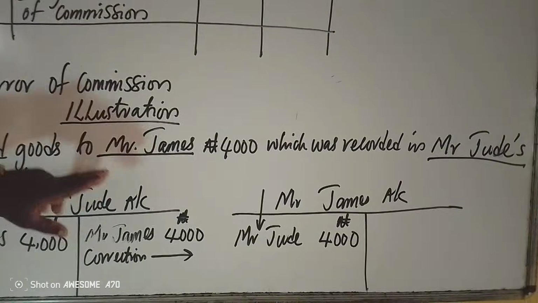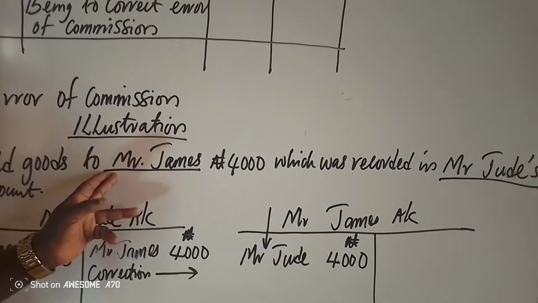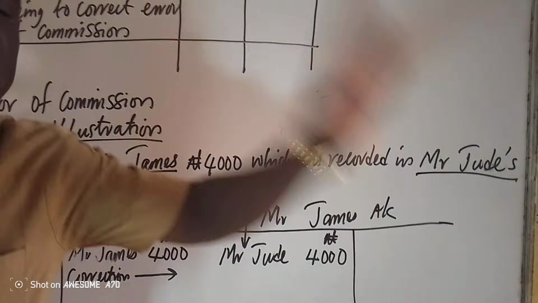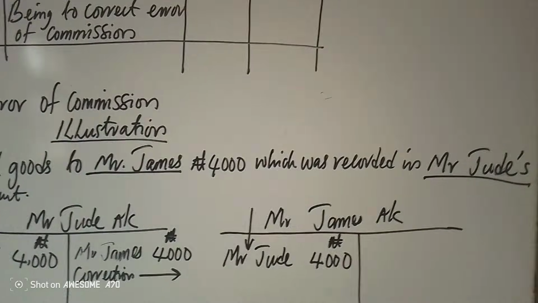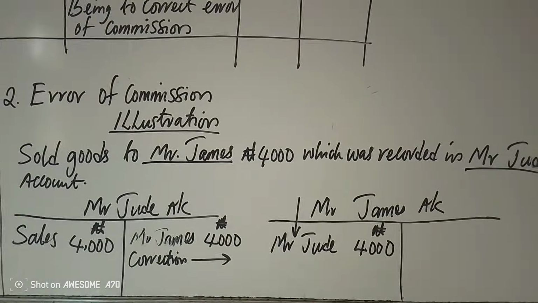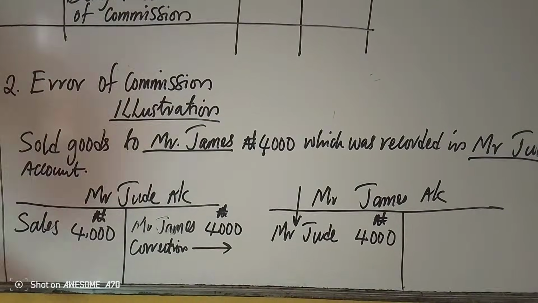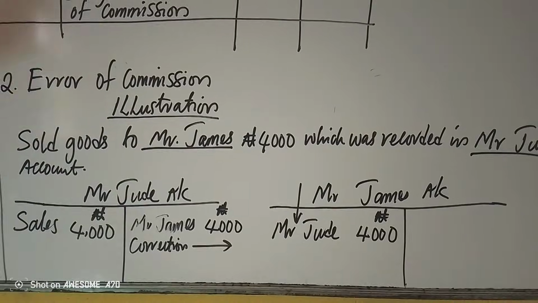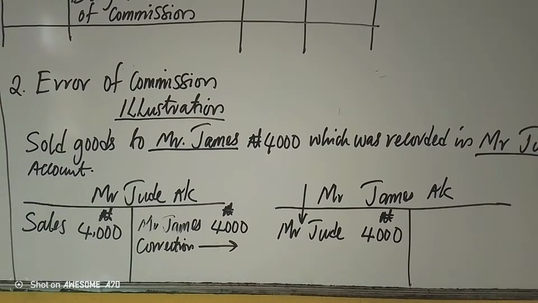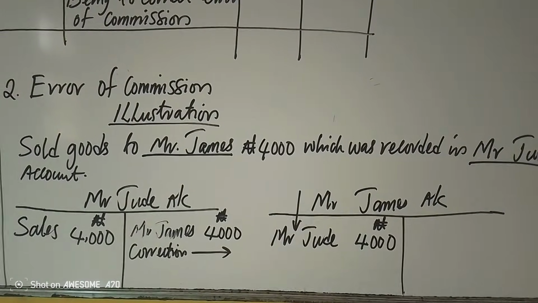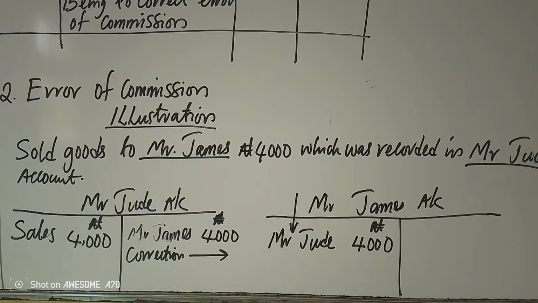So if Mr. James' transaction has been mistakenly recorded in Mr. Jude's account, it becomes error of commission, as I was explaining earlier. So how do you correct the error? First, the best way for you to understand this is to see the proof. The proof is very important for learners to know why an account has been debited or credited via the journal proper.